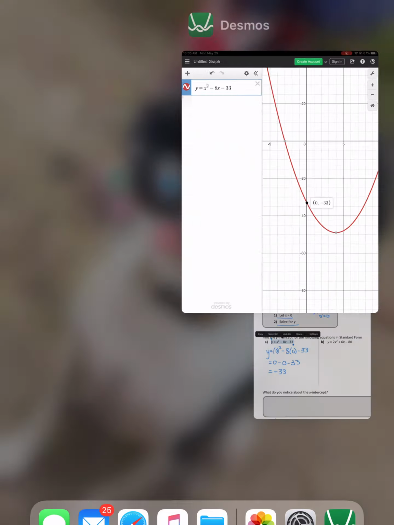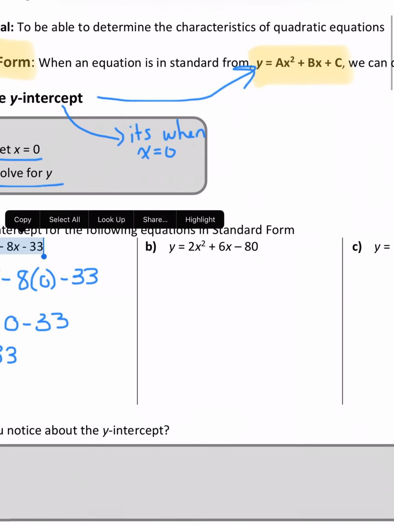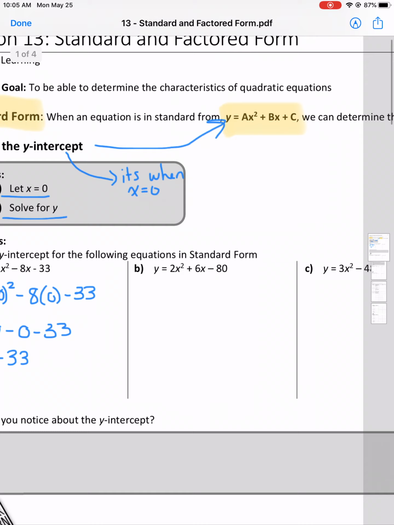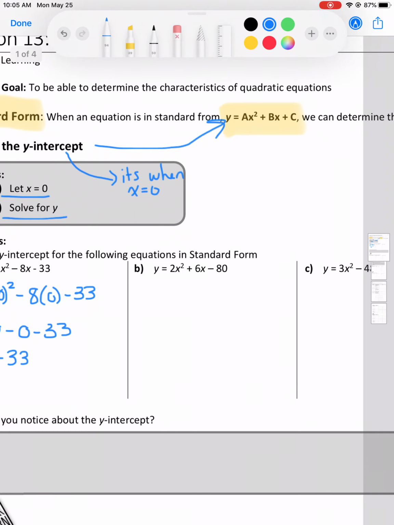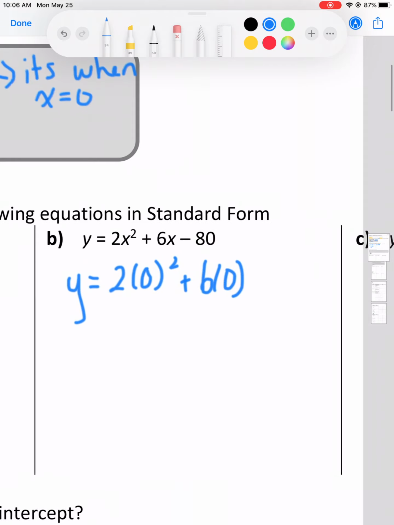Okay, let's do another one. We let our x equal 0. y is equal to 2 times 0 squared plus 6 times 0 minus 80.